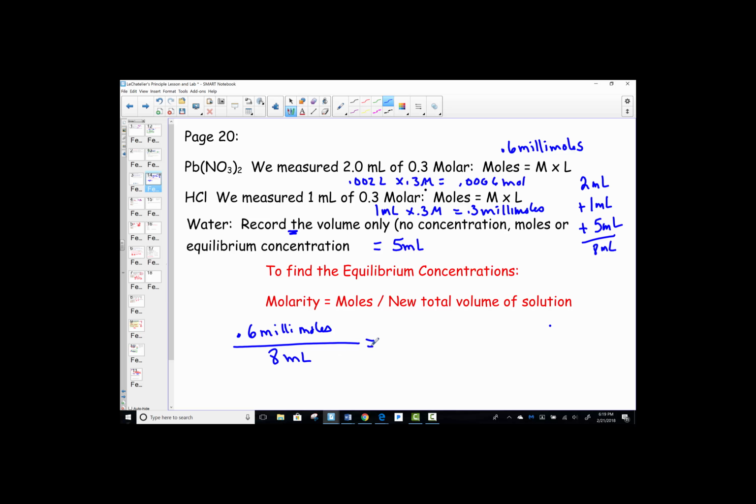There's my new molarity for the very last line. The equilibrium concentration is the new molarity. The 0.6 millimoles divided by 8 mL gives me 0.075 molar for the lead nitrate.